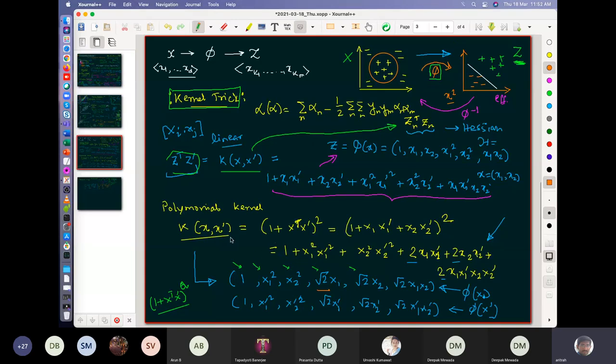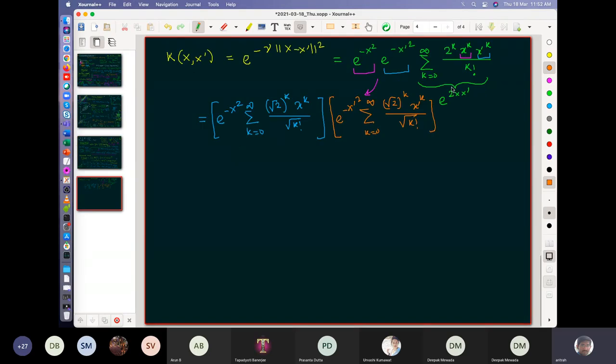That means the inner product of some 2 points which are in Z space. The inner product of those 2 points individually looks like this. Here it's a kernel which has infinite dimensional space because each of them is infinite. So if you write the terms, the phi value in Z space for each of them is an infinite number of terms, right?